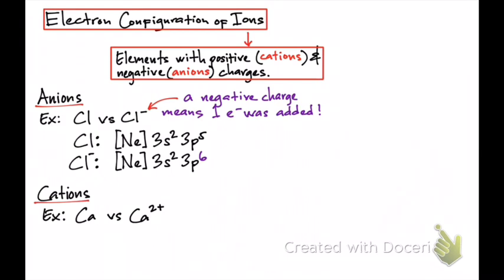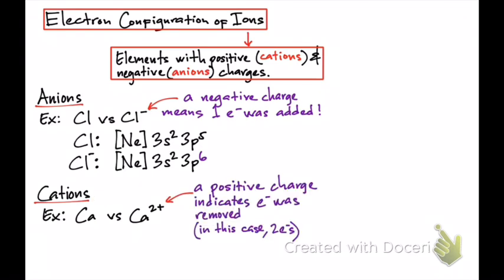What about cations? Cations are ions with fewer electrons compared to the neutral atom. Let's say we have calcium versus calcium 2 plus. The positive 2 charge tells you that you have 2 fewer electrons compared to the neutral calcium.